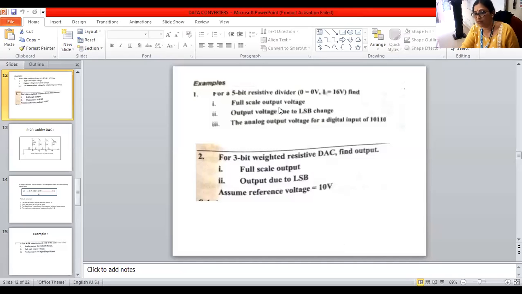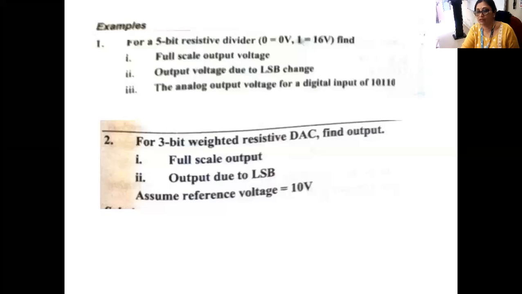So like this, you should be able to solve the examples. Now, what is the second example given over here? For a 3-bit weighted resistive DAC, find the full scale output and the output due to LSB. Assume the reference voltage is 10 volt.